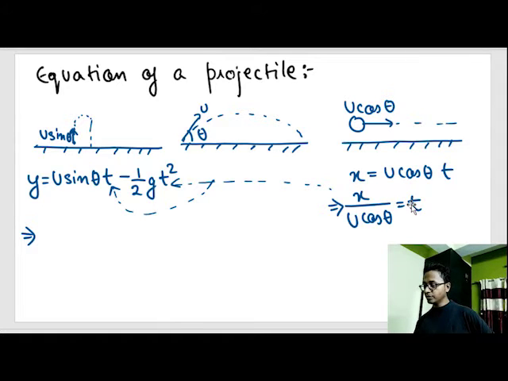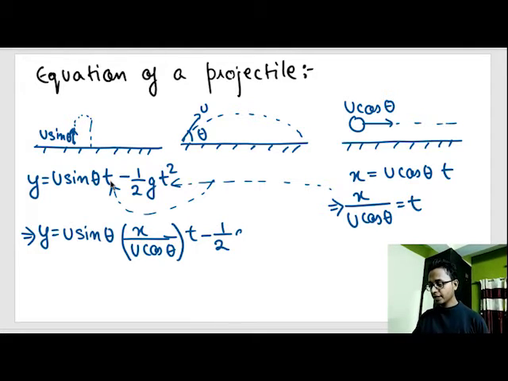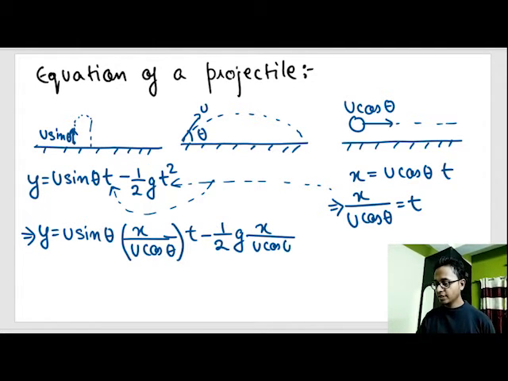So y is equal to u sin theta into t, t is nothing but x by u cos theta, minus half g t square. Sorry, t should be replaced by x by u cos theta, the whole square.